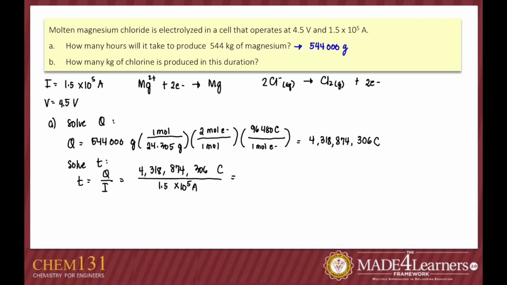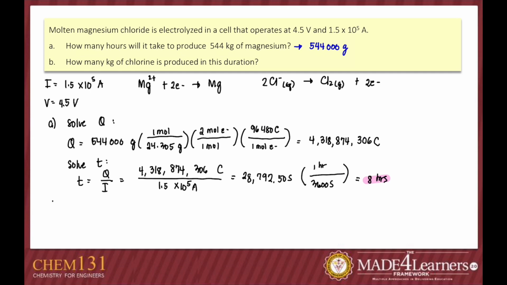This is in seconds: 28,792.50 seconds, but the question is in hours, so we have to convert seconds to hours. In 1 hour, that's equivalent to 3,600 seconds, meaning 8 hours. So this is our answer for letter A. It would take 8 hours to produce.